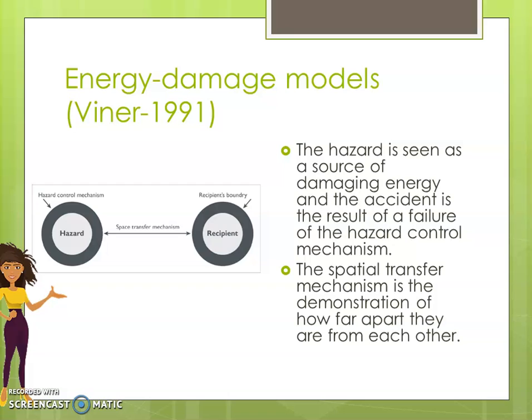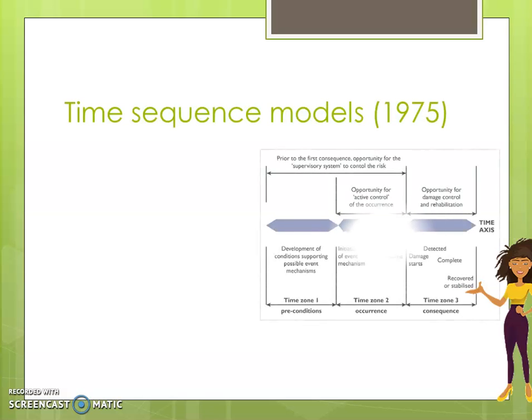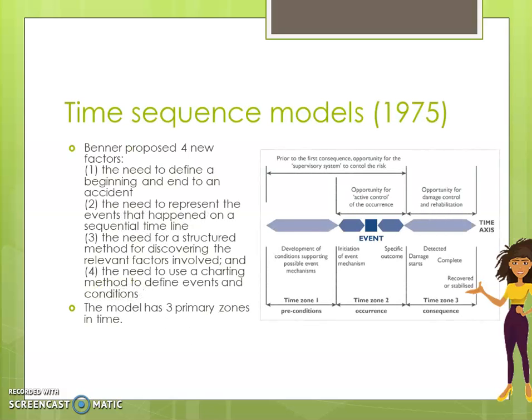Three, the need for a structured method to discover the relevant factors involved. And four, the need to use a graphical model to define events and conditions. These four factors have three action zones, where the first zone is the moment where the accident can't be avoided. The second zone warns of the imminent existence of the accident, where measures can still be taken, and the third zone is the learning area.